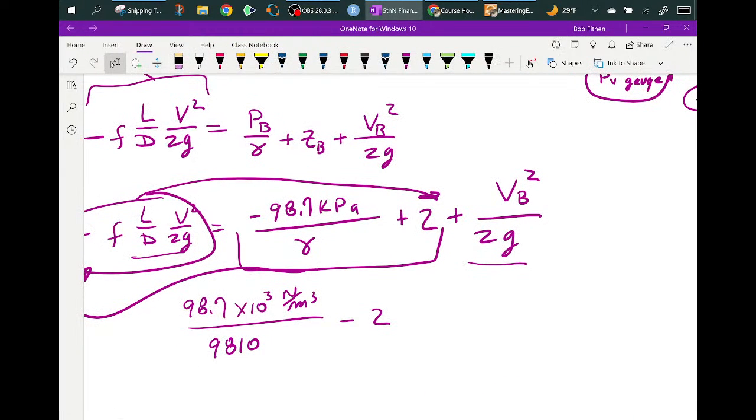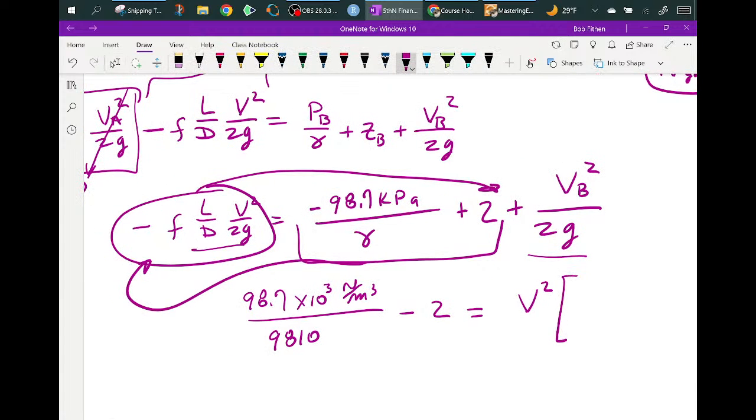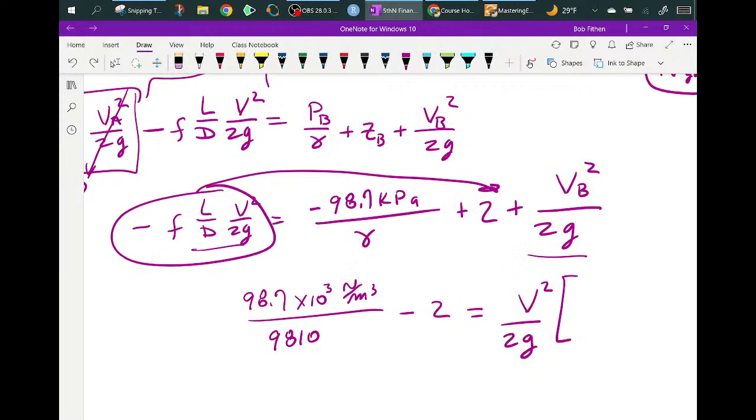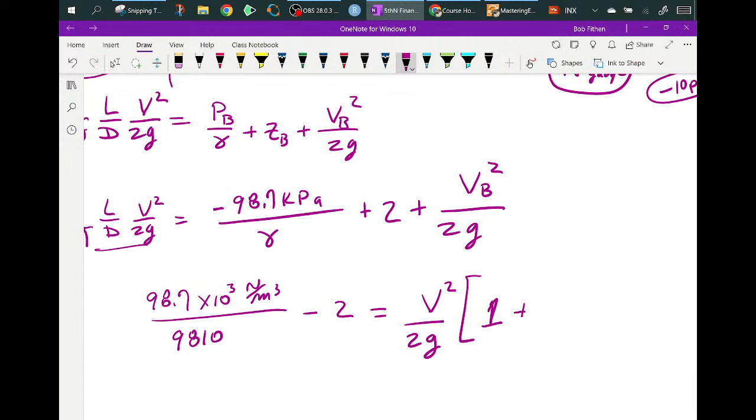Equals to, and I'll just take the V squared. That's going to be your V squared here. I can put V squared over 2g because there's a 2g here and there's a 2g there. And then what I'll do is I could put a 1 here, and then I'll say plus f L over D over here.